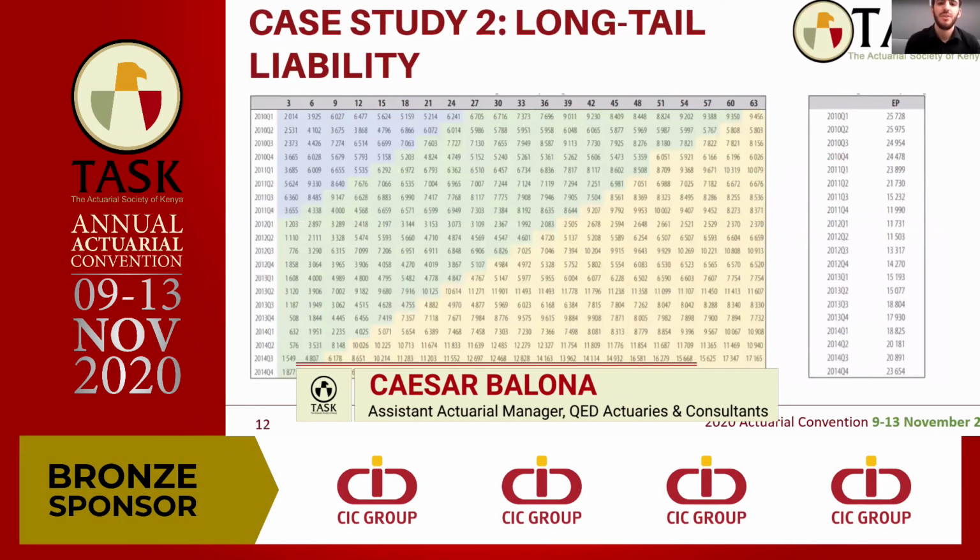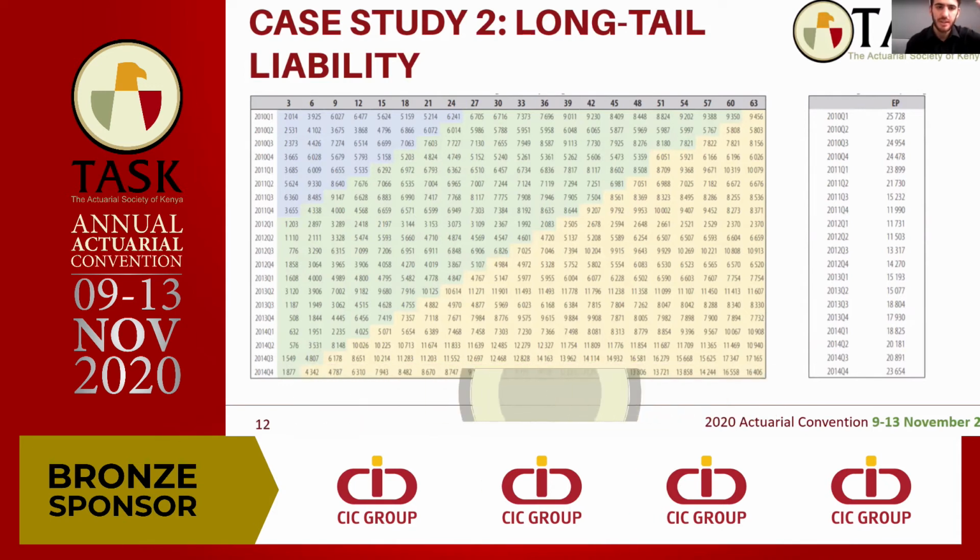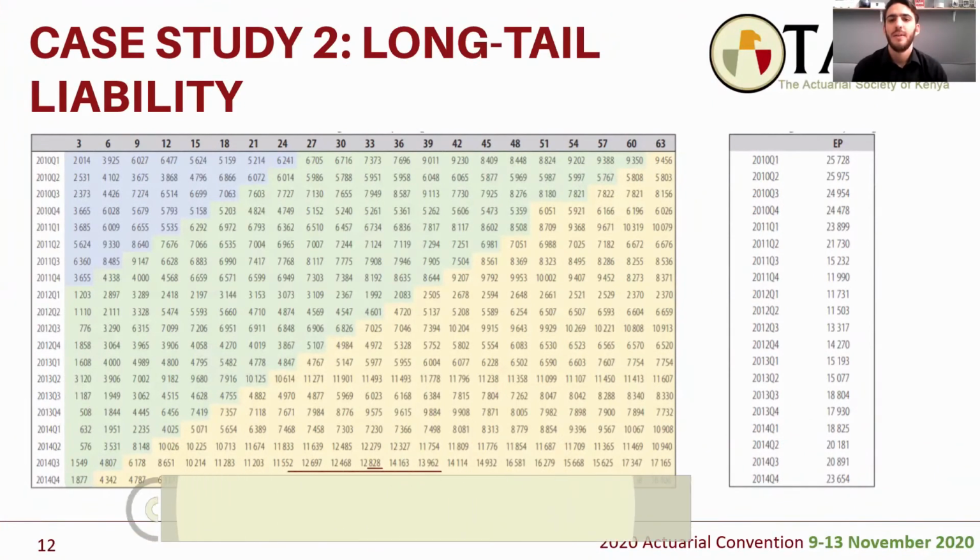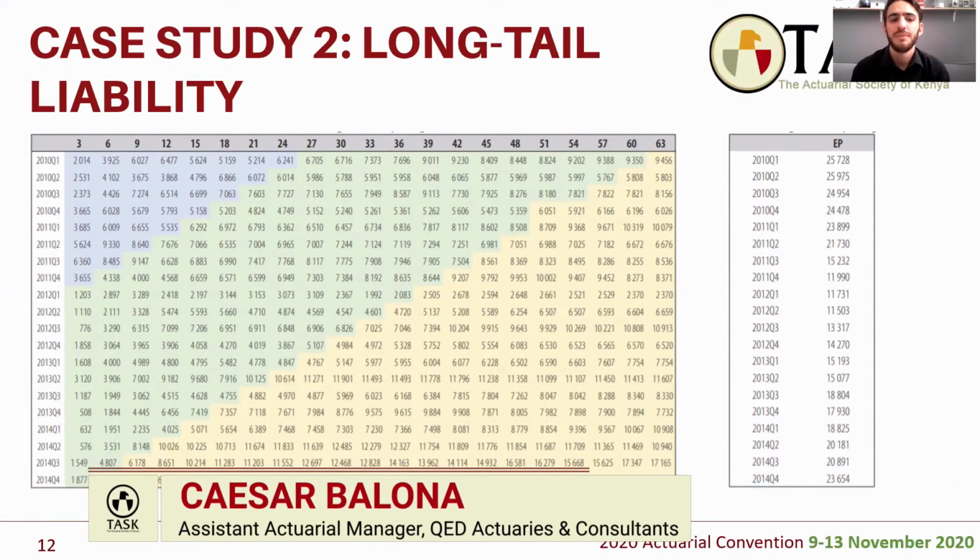So looking at case study 2, it's a long tail liability line. And if you look at the triangle, you can see the initial blue triangle in the top left. And then from 2012 Q1 up until 2014 Q4 are training diagonals over which we assess the performance. And you can see that it's not a trivial triangle to reserve for.